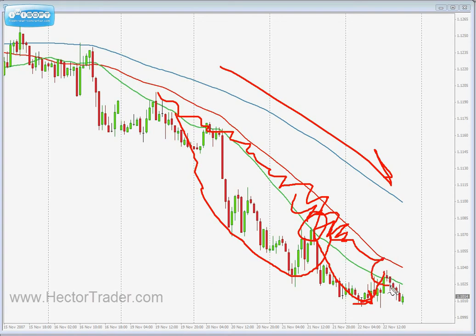Upon the next pullback, same thing. If there are enough orders at this junction of the chart, a new swing will be created, always in the direction of the main trend.